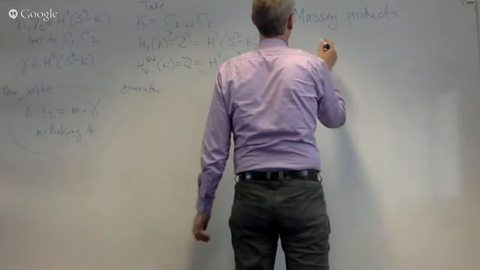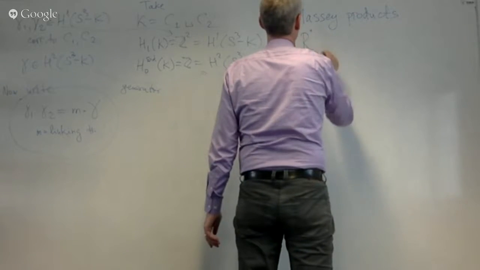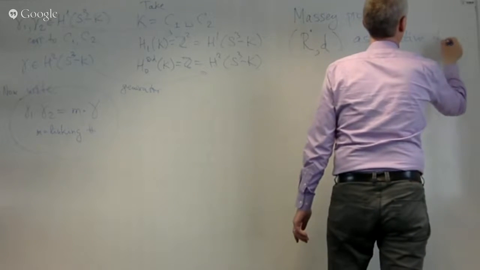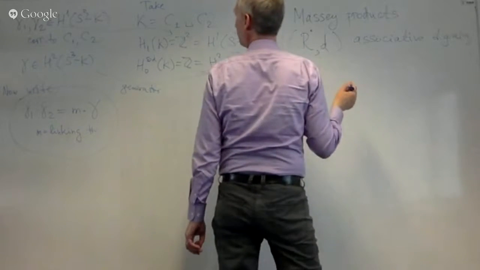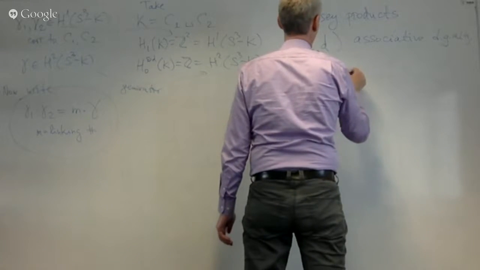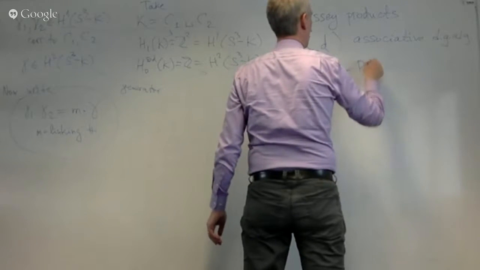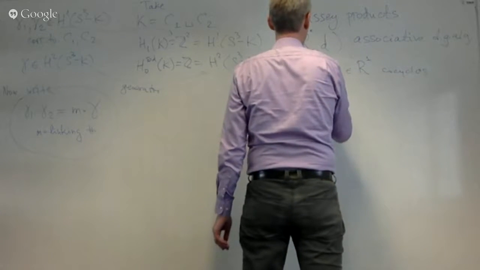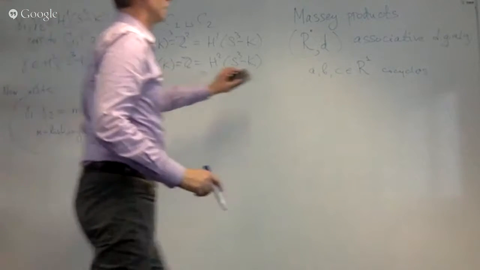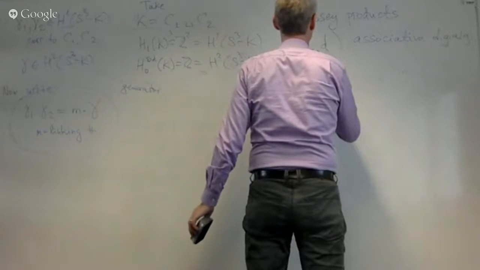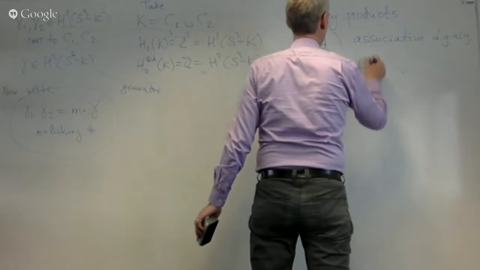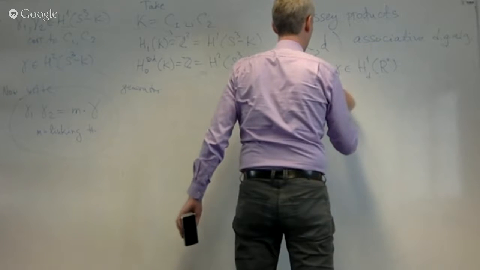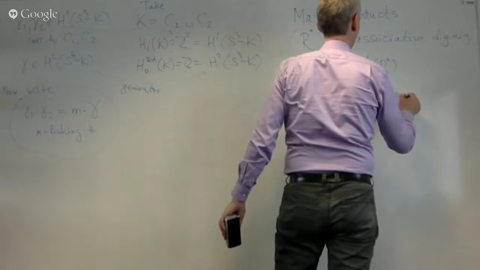So we say that R is a differential graded algebra, and you have, for instance, A, B, C. Let's say, for instance, alpha, beta, gamma are elements of the first cohomology, and you know that alpha beta equals beta gamma equals 0 in H2.